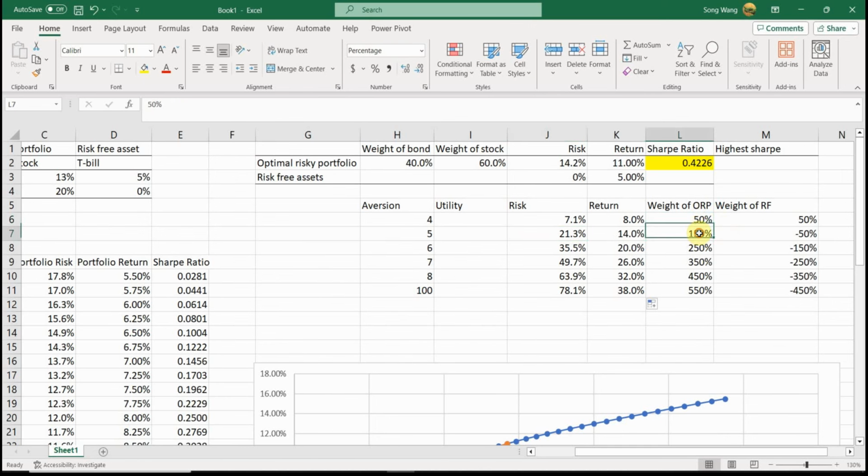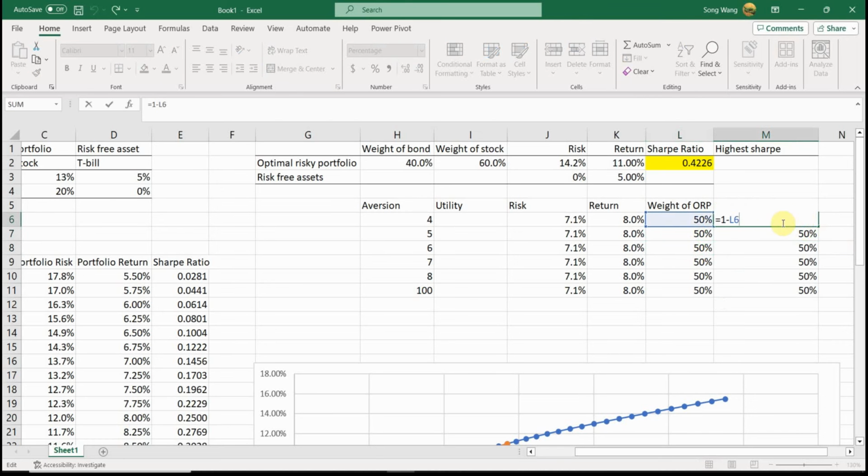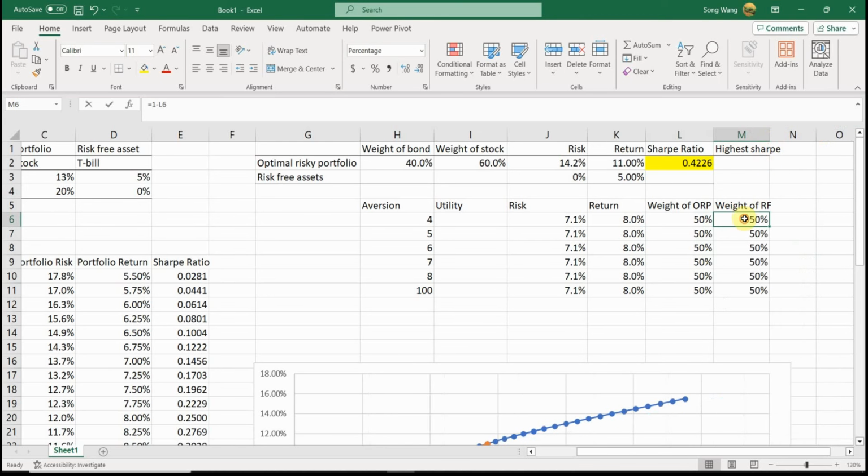For the weights, I know it looks a little funny, so let me just put 50% for all of them instead of dragging them all the way down. So 50-50, but make sure the weight of the risk-free is 1 minus the weight of the optimal risky portfolio.